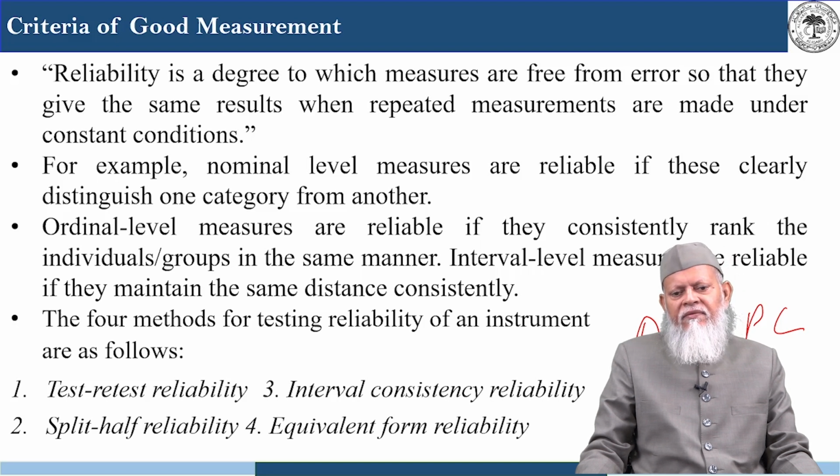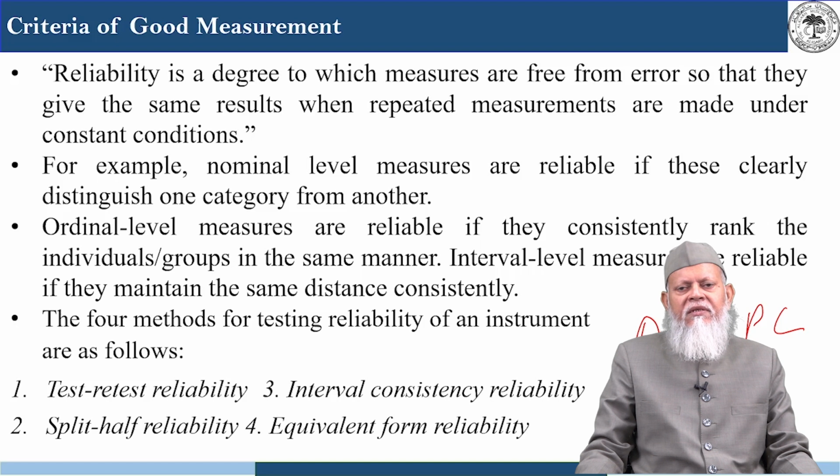So, what we observed is that for the nominal level, it has to distinguish one category from another very clearly. In the ordinal level, measures are reliable if they consistently rank the individuals or groups in the same manner, and for interval level measures, the intervals have to be at the same distance consistently.